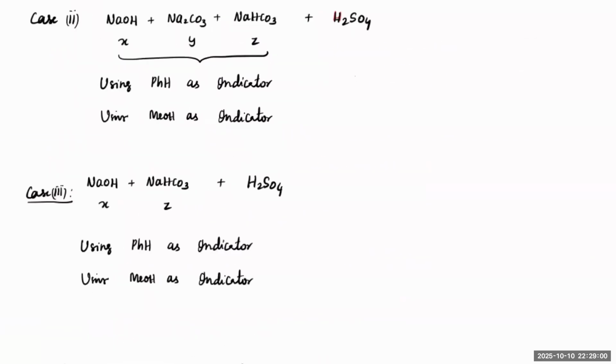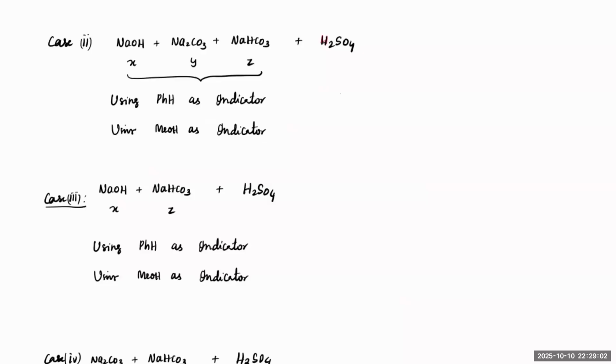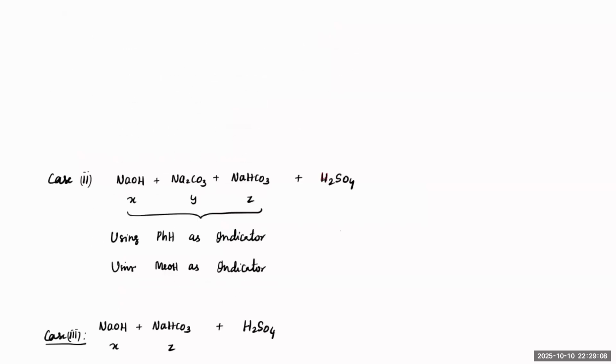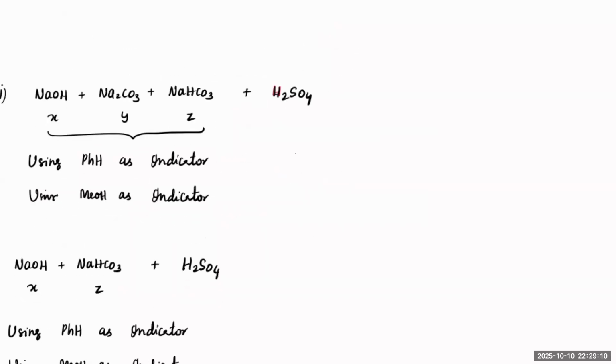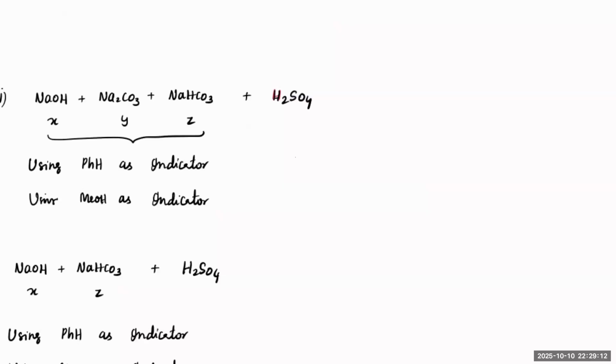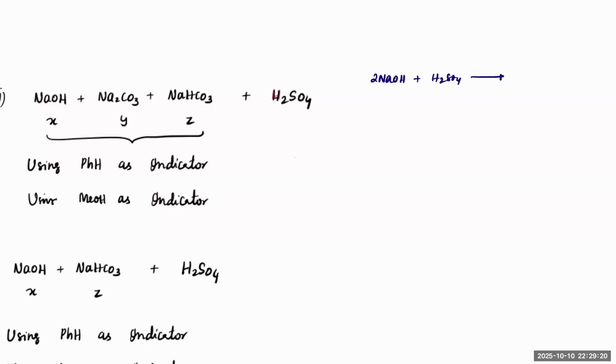See, same titrations, if at all I do it with H2SO4, the reaction type is the same. There is no change in the reaction type. You know what the reactions are here? So 2 moles of NaOH first will react with H2SO4 to give you Na2SO4 plus 2 moles of H2O.